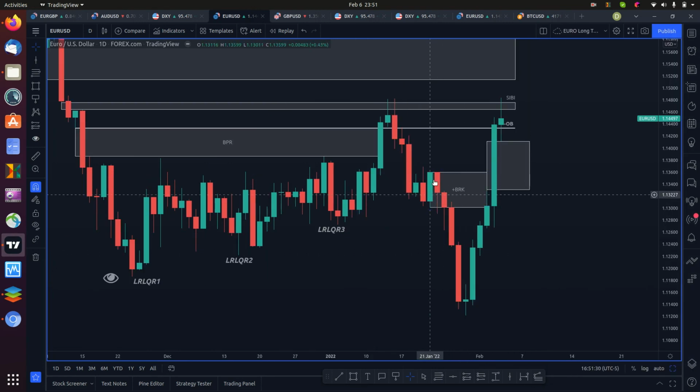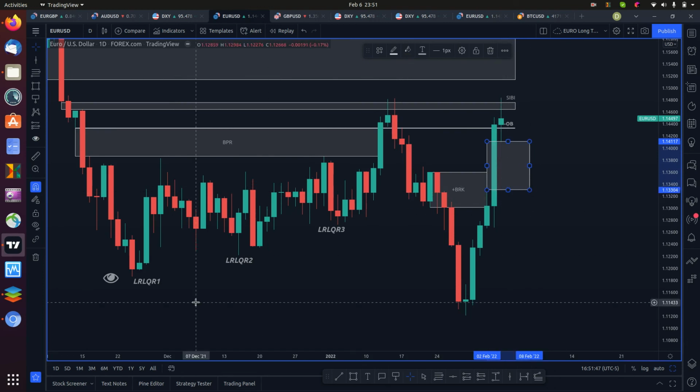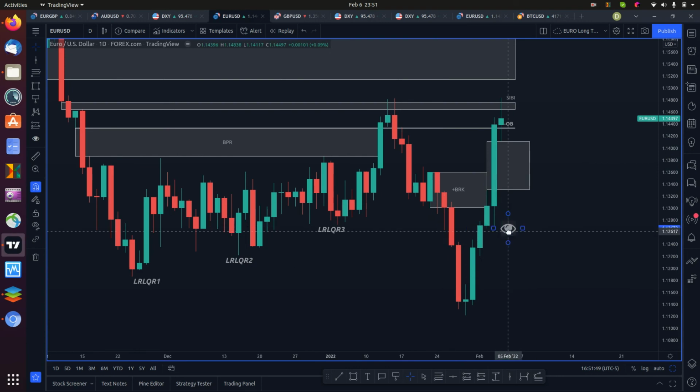So this is a breaker here. So we will want to see what happens when price gets down to this level here. It might just come here and reject. I don't know. We'll see. We'll do another analysis to see. But I'm looking at the euro going all the way to some place around here.